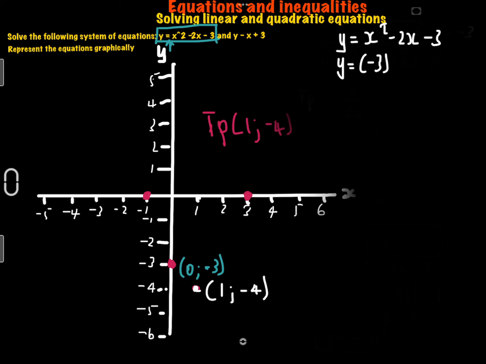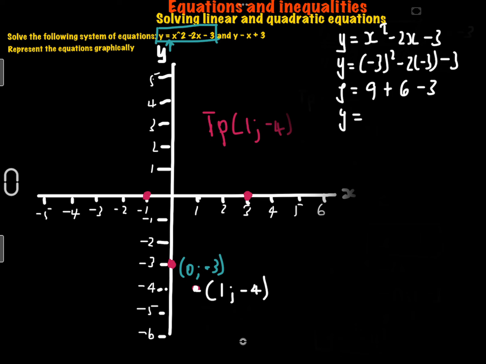So we have -3 raised to the second power minus 2 times -3 minus 3. Y is equal to 3 times 3 gives me 9, minus -2 times -3 gives me positive 6, minus 3.